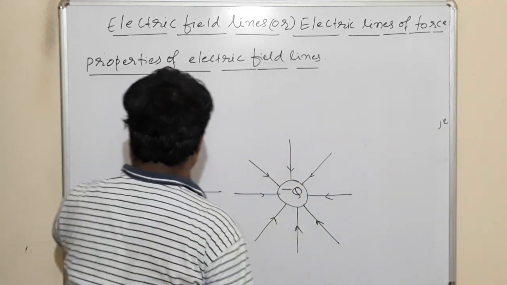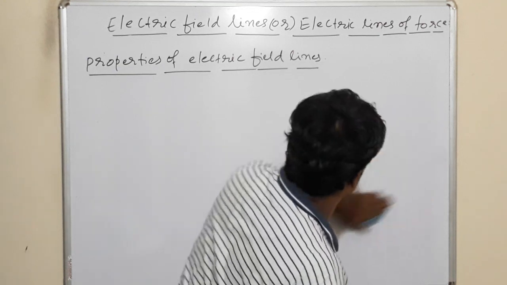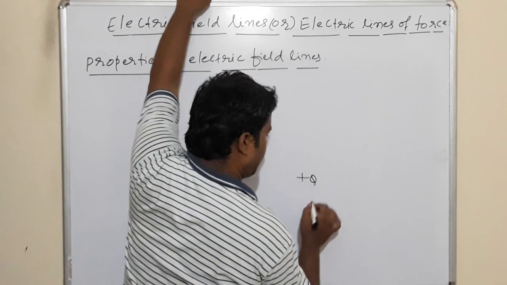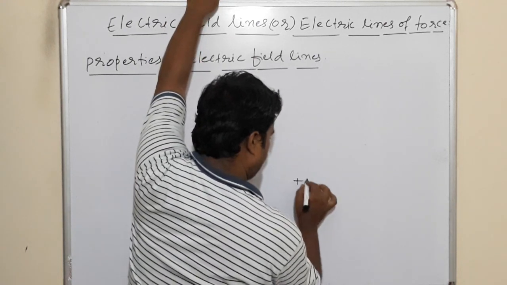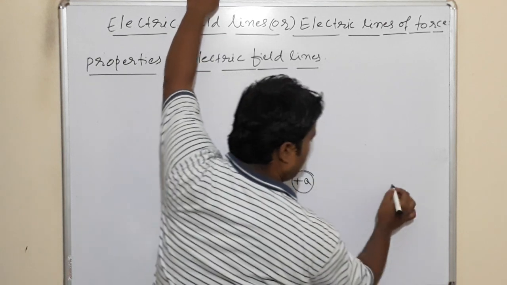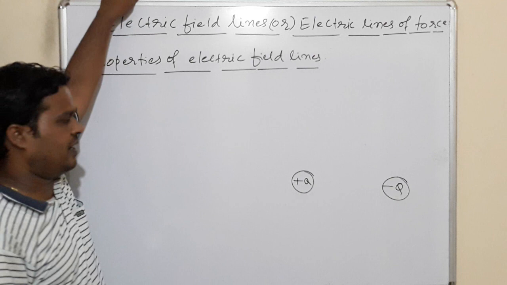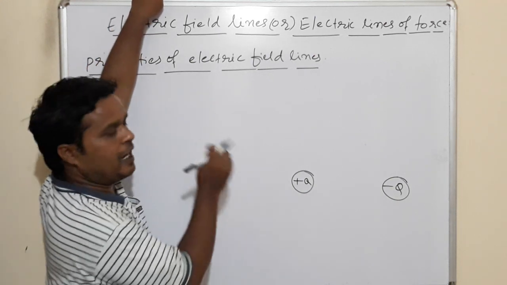Okay. Then, if it is a system of positive and negative charge, like this, if it is a plus charge here and a minus charge here, see along which path the test charge can move.